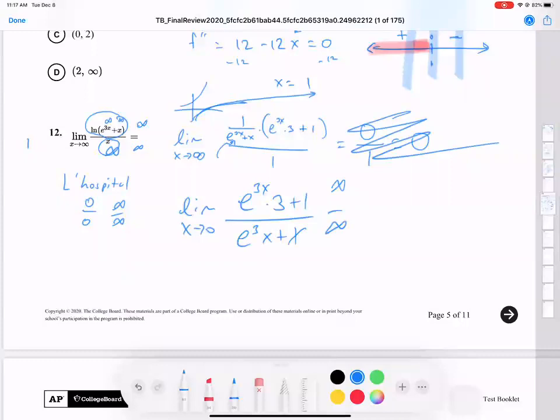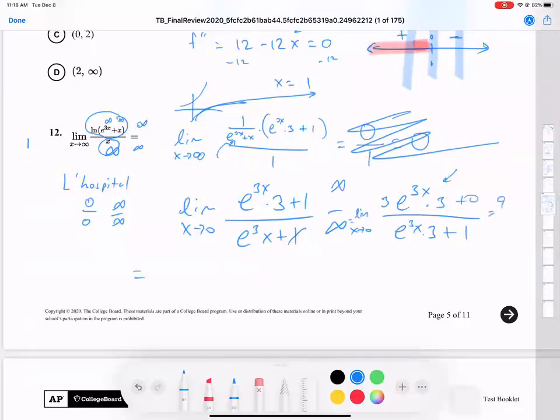Okay, let's try it again. Take the derivative again. It'll be e to the 3x times 3 plus 0 over e to the 3x times 3 plus 1. And again, if I plug it in, it's going to be infinity over infinity, right? So we're at round 2.